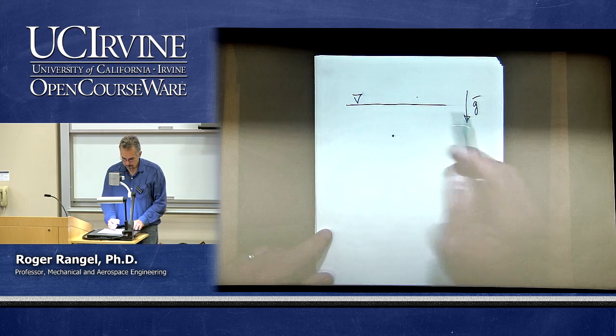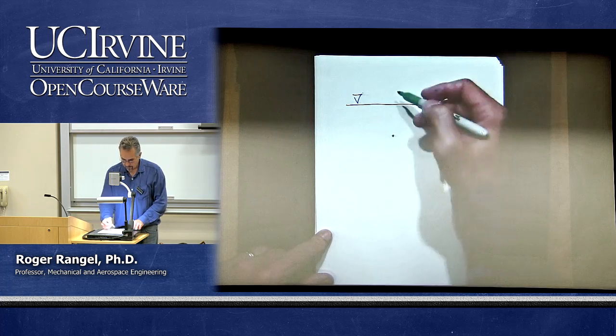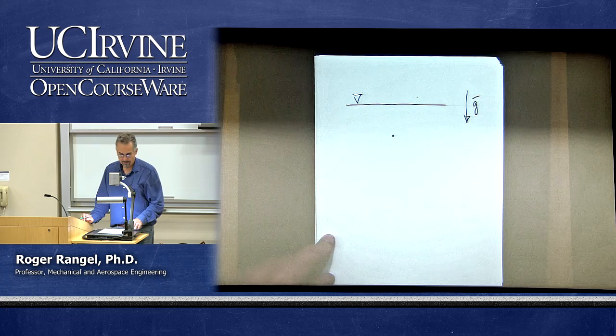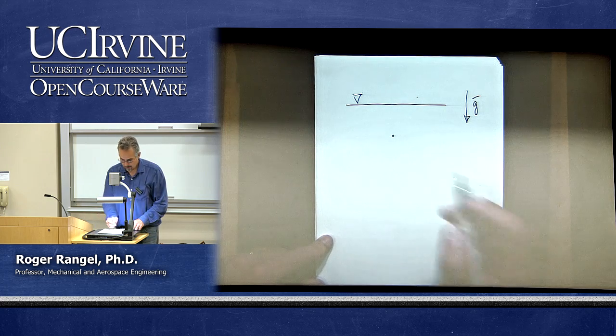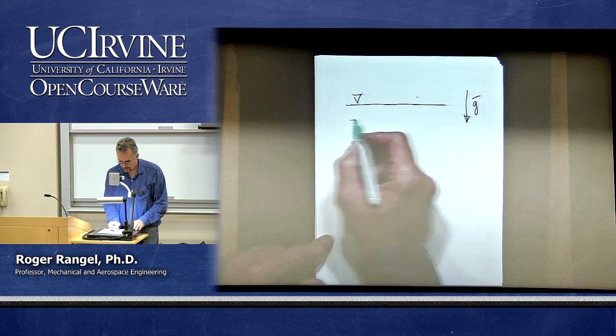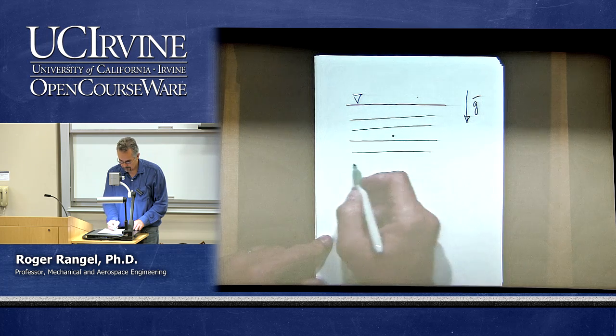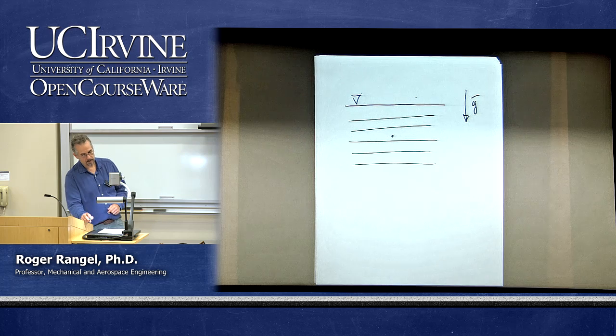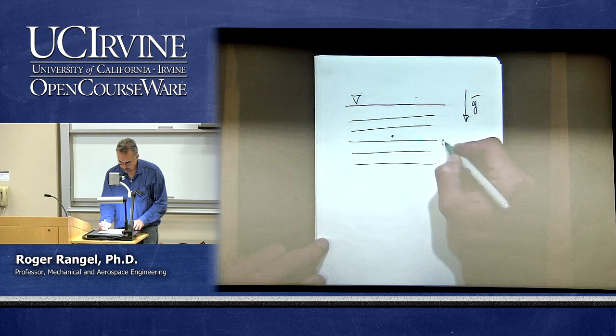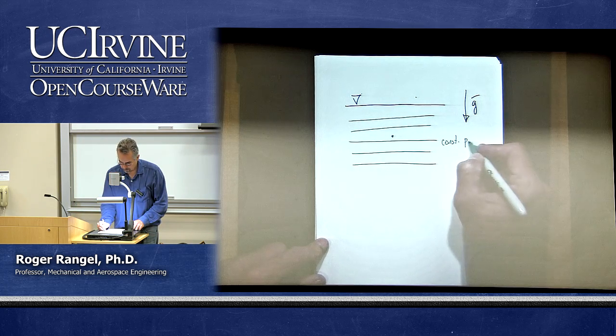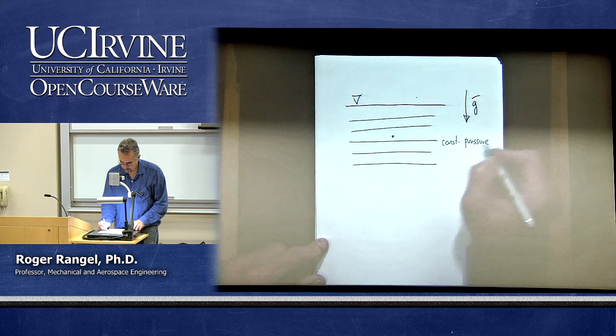So the pressure only changes if you move in the direction of gravity, which is our z direction. So I know that if I draw horizontal lines, all those lines are lines where the pressure is constant. These are constant pressure lines.